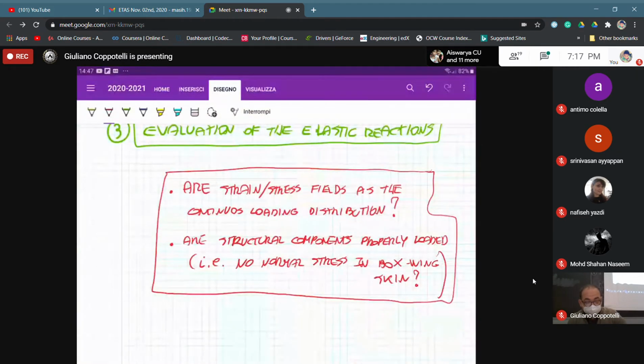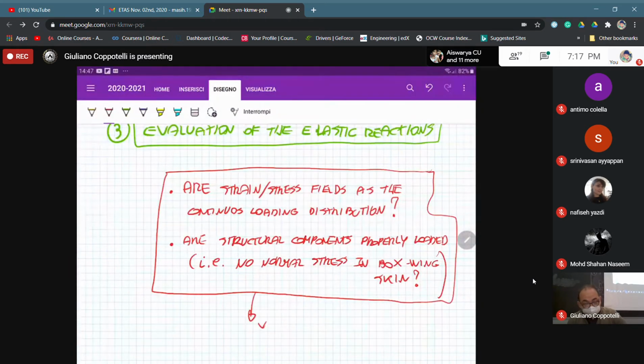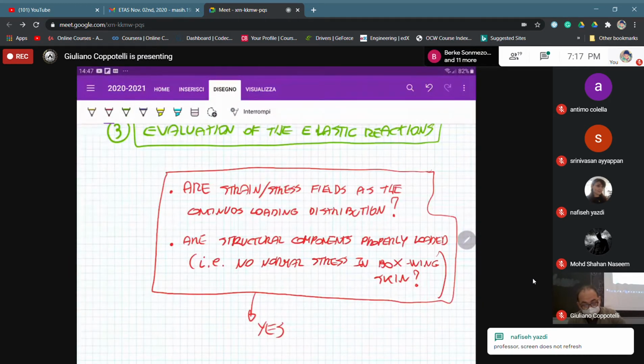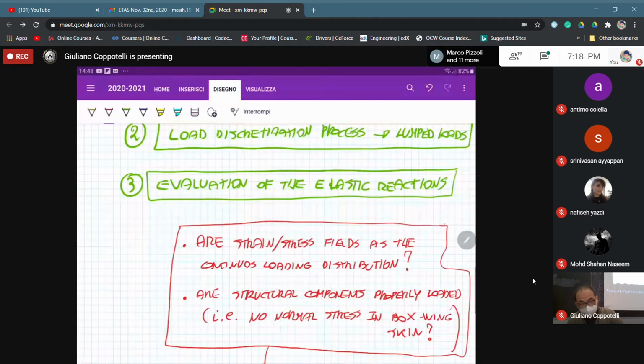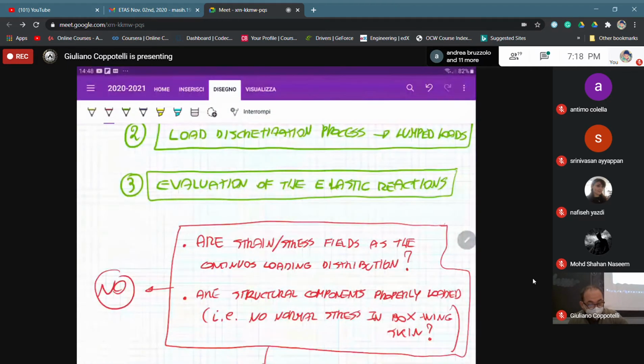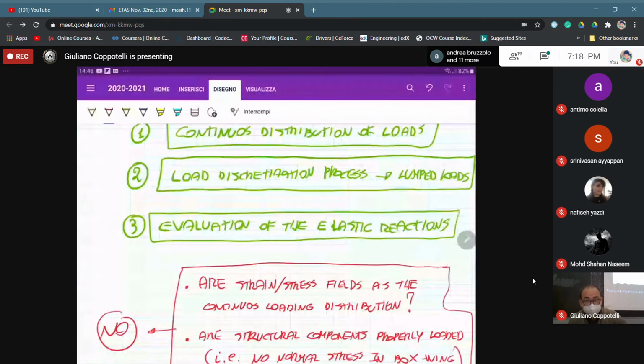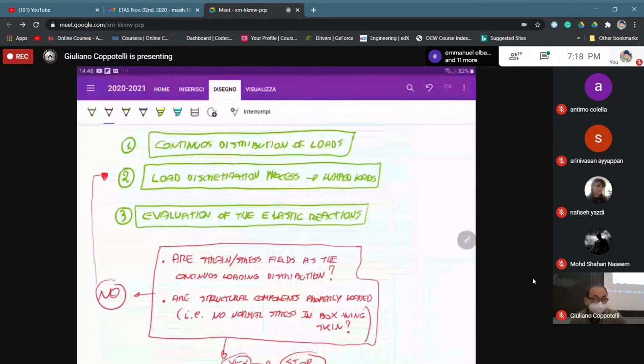If the answer is yes, then we are happy, we stop the process. If the answer, on the contrary, is no, then we have to go back to change the load discretization process. That is, we have to change a little bit what we are doing.